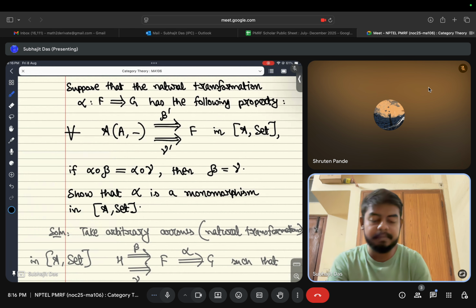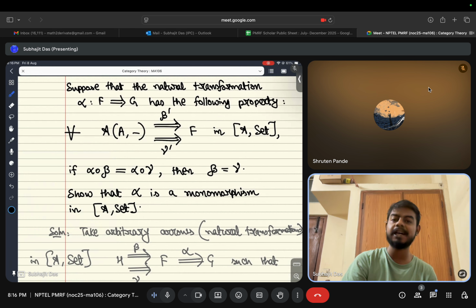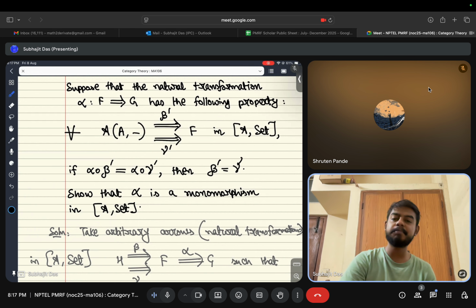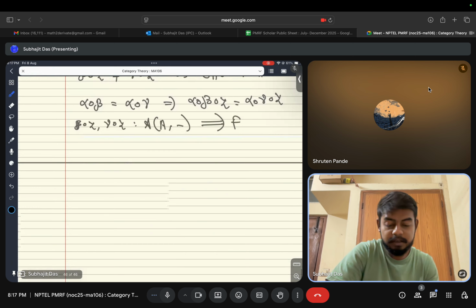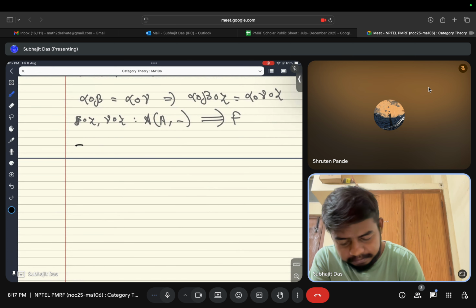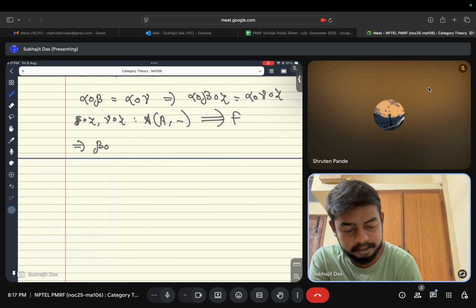So take beta prime to be equal to beta composed zeta, and take gamma prime to be gamma composed zeta. What we have is, upon composing with alpha, they are equal. So what we should have is beta prime should be equal to gamma prime, right? That is, beta composed with zeta should be equal to gamma composed with zeta.